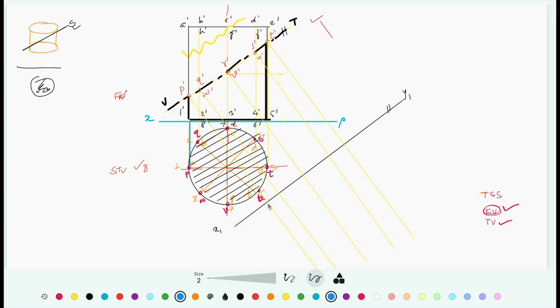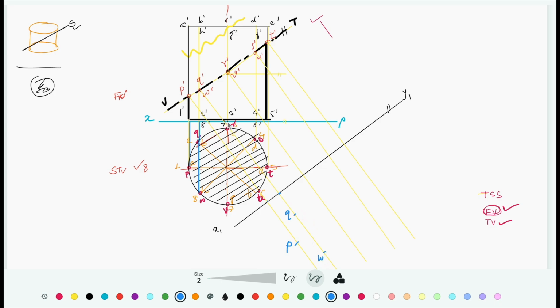The projector of the P, keep compass on X1, Y1 and mark this point P. Similarly, I am going to locate the Q point. So take distance of Q from XY, keep compass at X1, Y1, locate the point Q. To locate W, take a distance of W from XY and mark that point W.